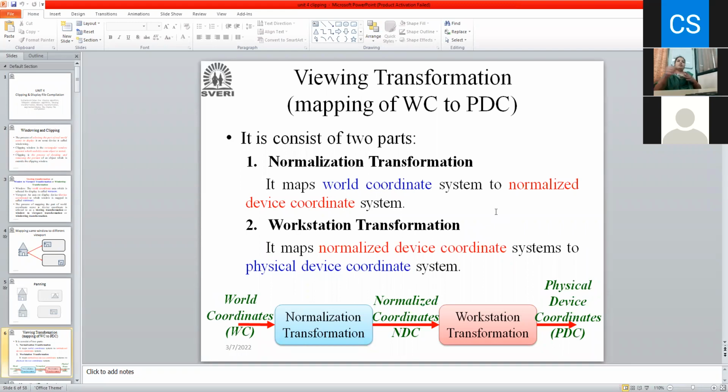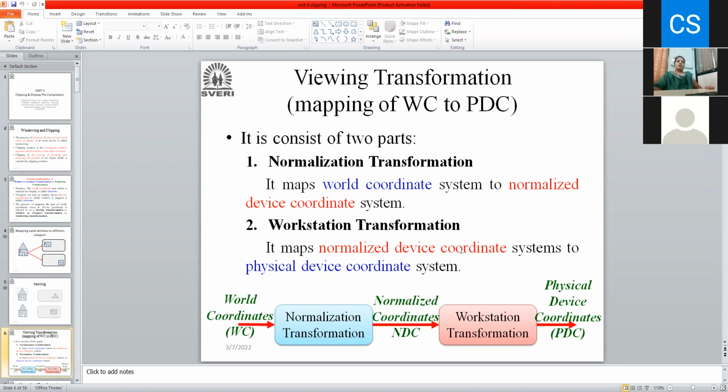Then depending upon the workstation, whether a tablet or a laptop, and the resolution of that physical device, we convert it into appropriate physical device coordinates.